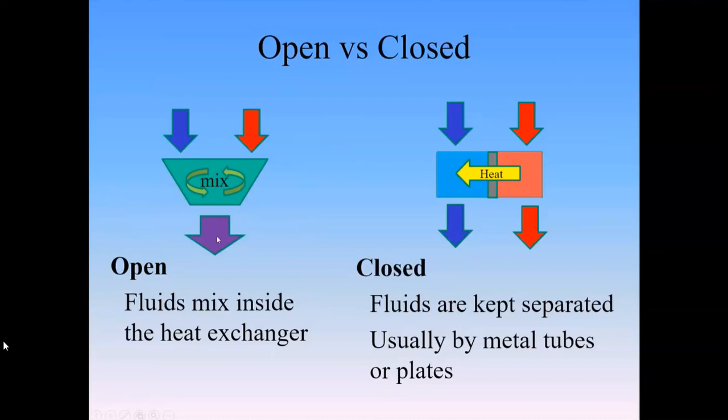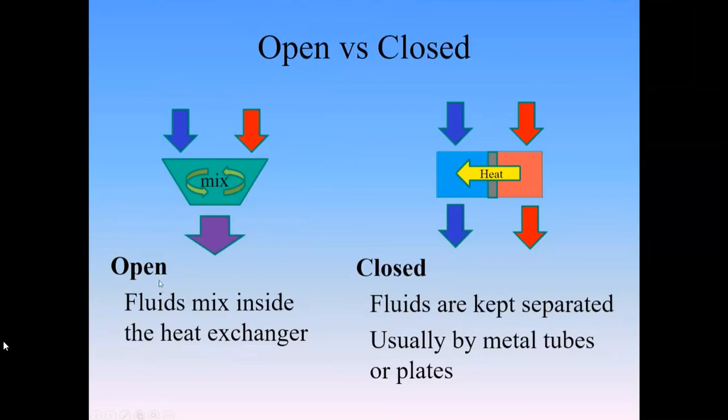So some warm flow comes out, but there's no separation of the two flows. Whatever I put in, the cold and the hot, all gets combined, and I'm left with one larger flow that comes out. If we don't have any sort of separation between those flows, or they're able to mix together, we consider that to be an open heat exchanger.